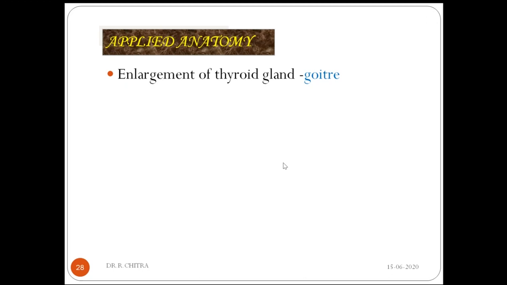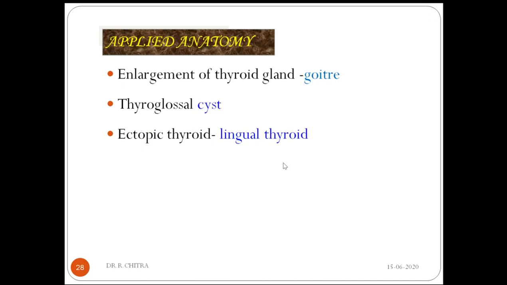You should have learned in physiology goiter, that is the enlargement of the thyroid gland. And the causes of the goiter are so many. Thyroglossal cyst and ectopic thyroid, lingual thyroid, these are the developmental abnormalities of the thyroid gland, which we have learned in the class on development of the thyroid gland.